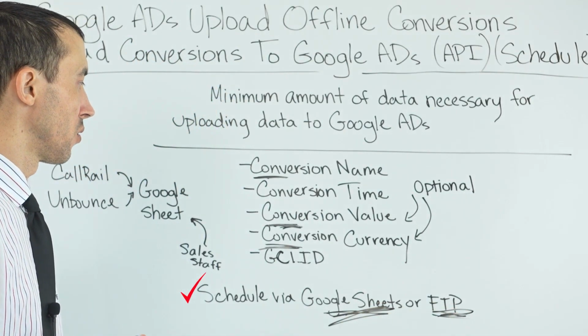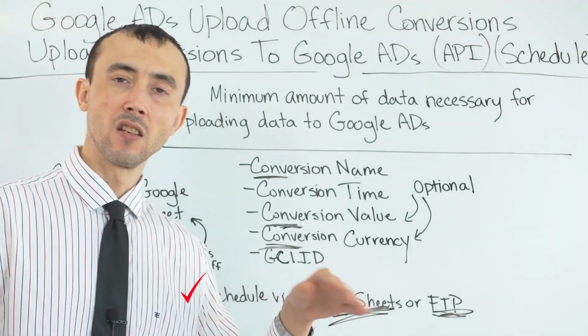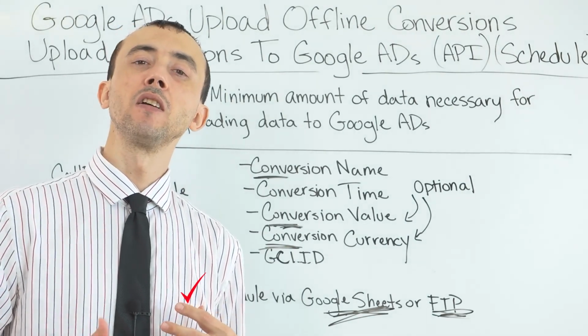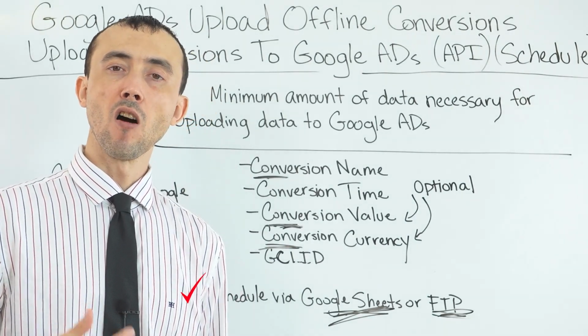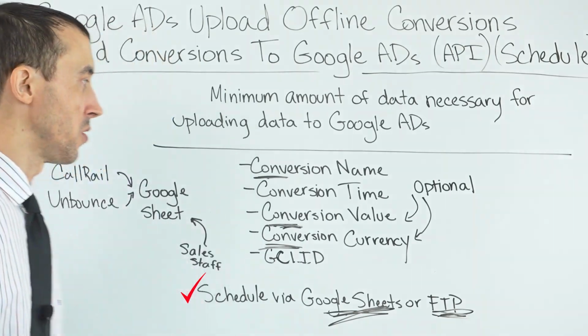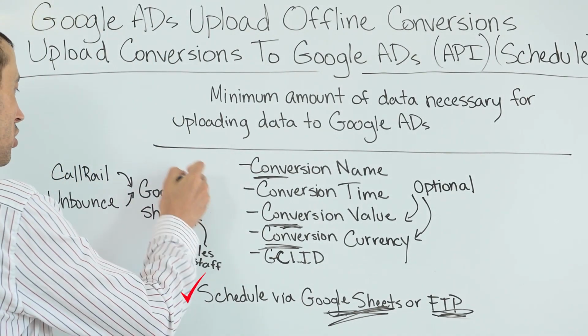Because some of you guys, I admit, I'd get better results instead of uploading my offline sales once a month to my ad account if I upload them in real time. So what you can do is set up a Google sheet.